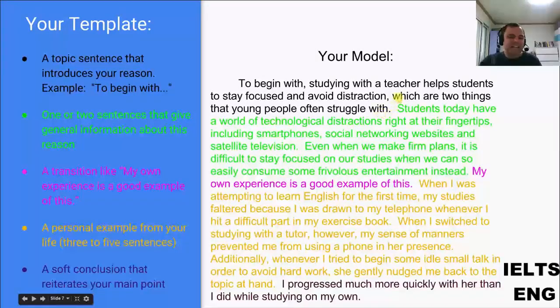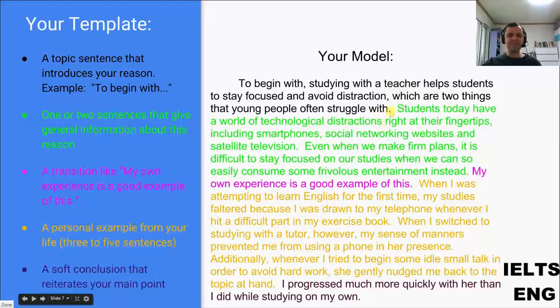So what exactly is the function of this? Well, some lower level students will write this as a topic sentence: To begin with, studying with a teacher helps students to stay focused and avoid distraction, period. End of topic sentence. But then the grader might say, well, so what? Why is that important?